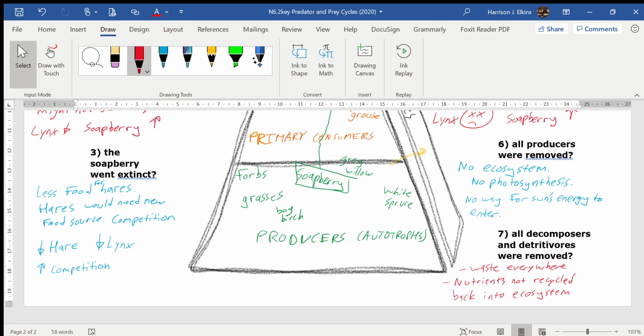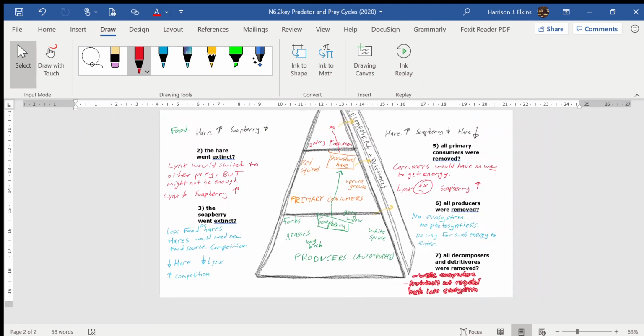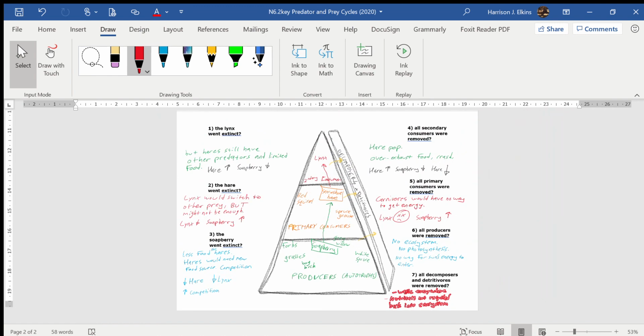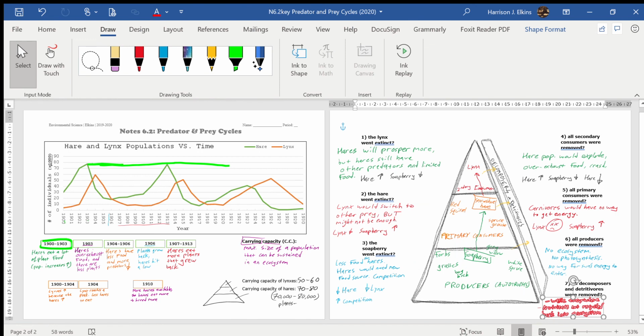So each of these parts of the trophic pyramid are important for the function of the other. So the lynxes here are important to keep the hares at bay and to keep these rabbits from overpopulating and crashing.